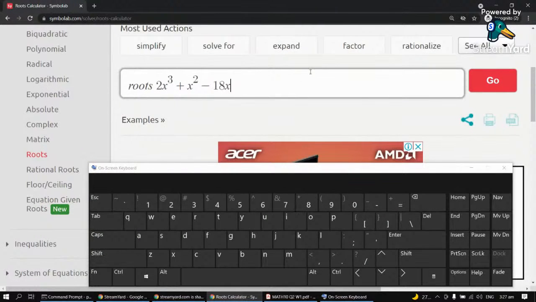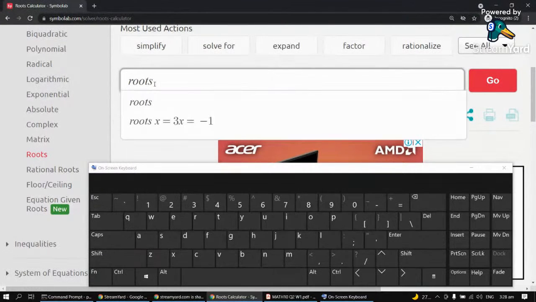Ito. Hindi ko makita. Ba't naging ganito? So buburahin muna natin to. Oops, no, hindi natin buburahin. Oops, ayaw na bumalik.